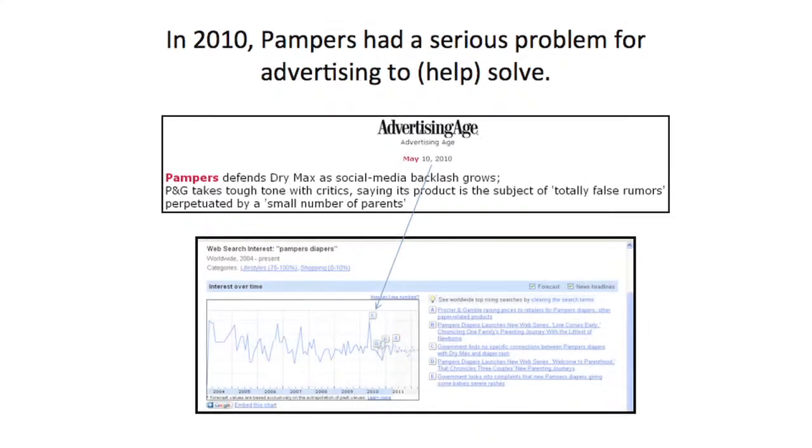Okay, I've got this one example here, which is Pampers case history, and the concepts here were created and submitted by my Marketing 4876 class in November 2010. In 2010, Pampers disposable diapers had a serious problem for advertising to help solve.